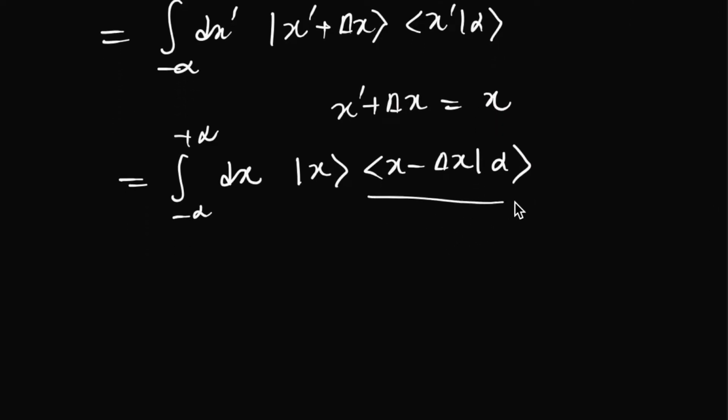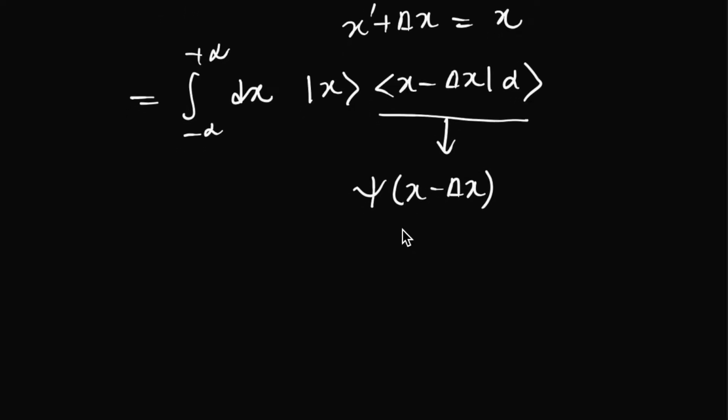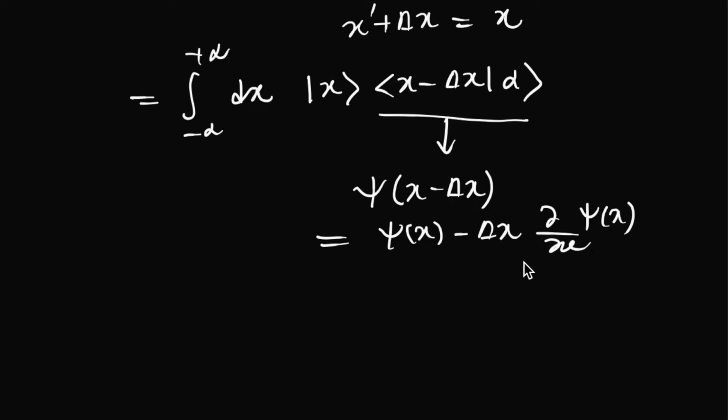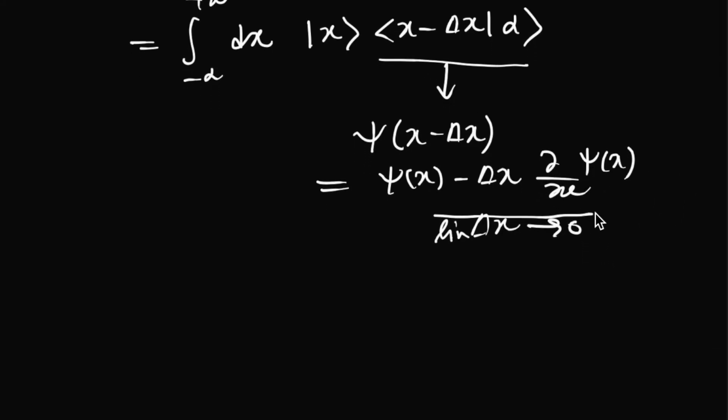Since this is a function of x, this can be written as psi of x minus delta x. Now we can expand this function psi of x as psi of x minus delta x del x of psi of x, and we ignore the second order term since delta x tends to 0, so that's why we ignore its higher order term.